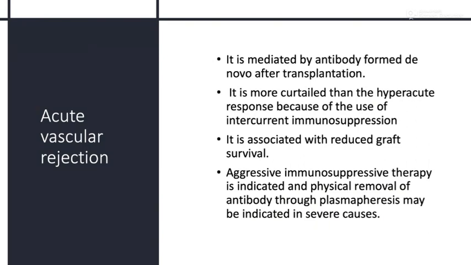Aggressive immunosuppressive therapy is indicated, and physical removal of the antibody may be needed through plasmapheresis in certain severe cases. Immunosuppression lowers the antibodies, and if the antibody concentration is very high, we want to remove these antibodies from the circulation by a process called plasmapheresis. We attach the patient to a certain machine, and this machine filters the antibodies in the plasma.